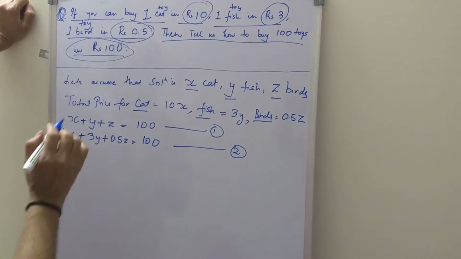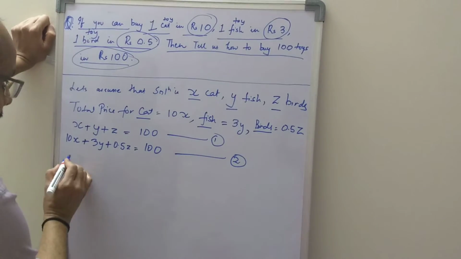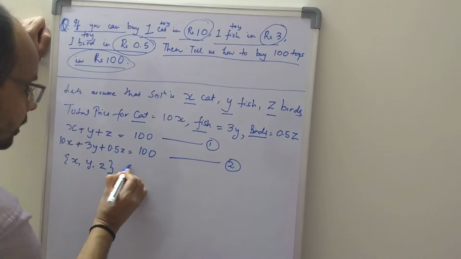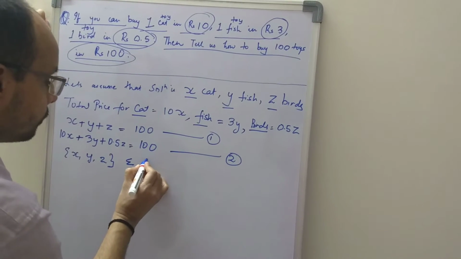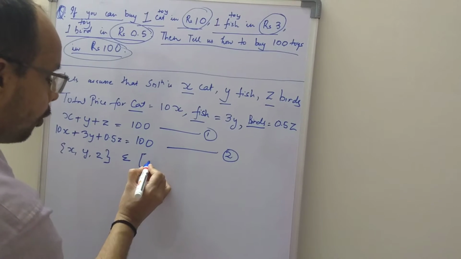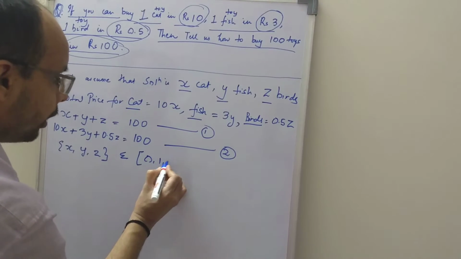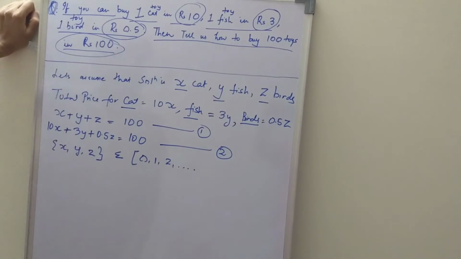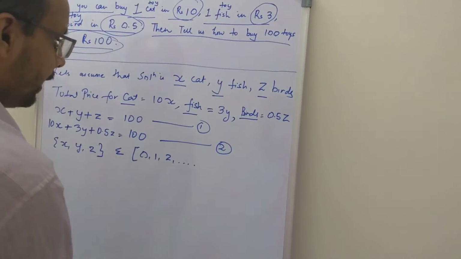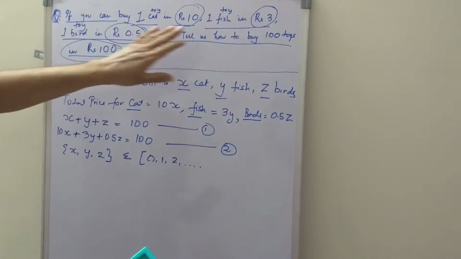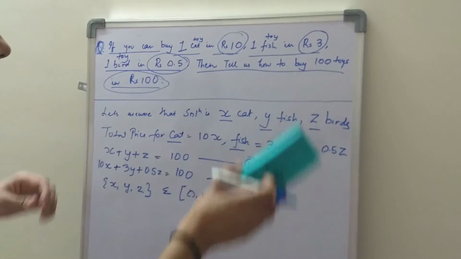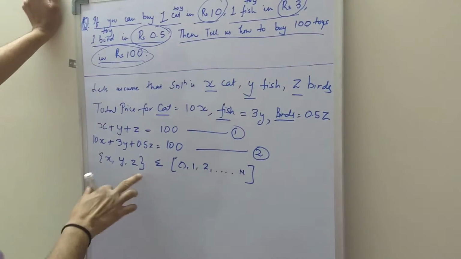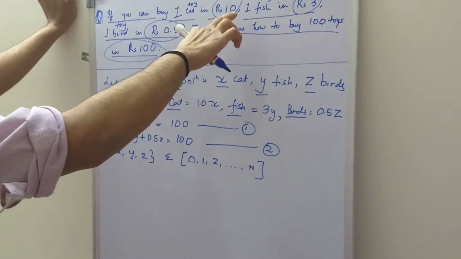Please note one more important aspect: x, y, z, all of these must be whole numbers: 0, 1, 2. From this question you can also understand that it can't be fractions.